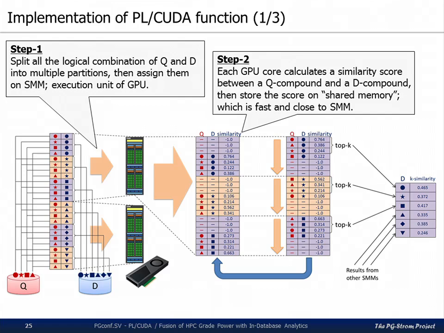Then it is sorted according to the similarity value. Once we sort the similarity values, we can pick up the top k items, and their average becomes the representative similarity value of the D item.